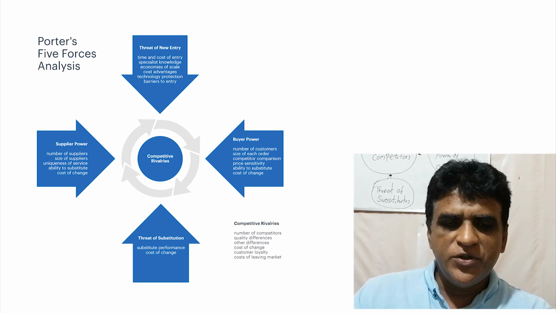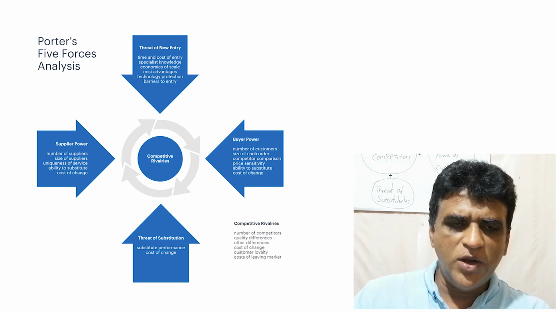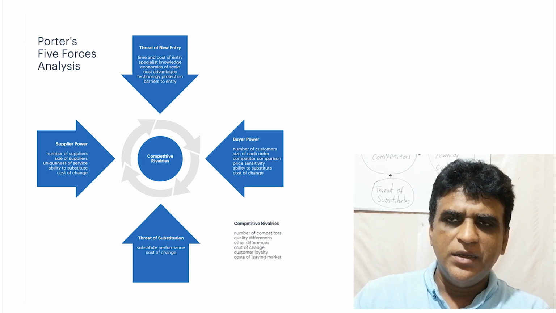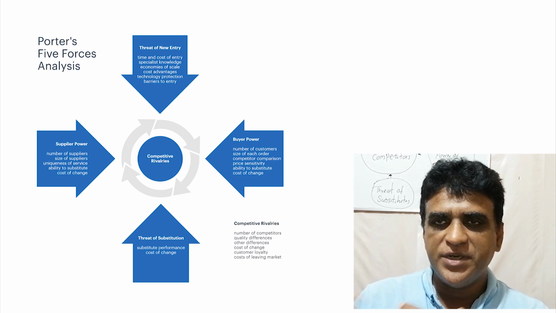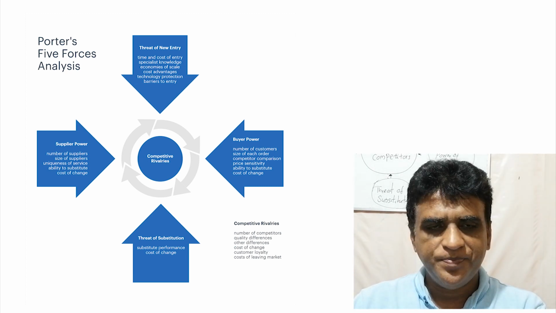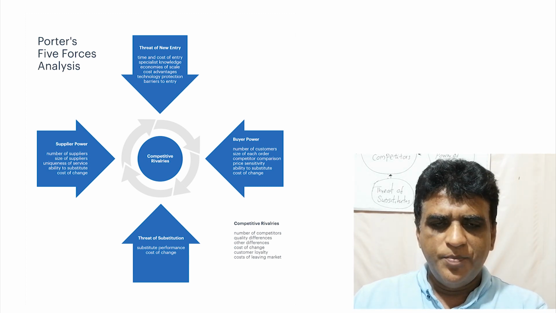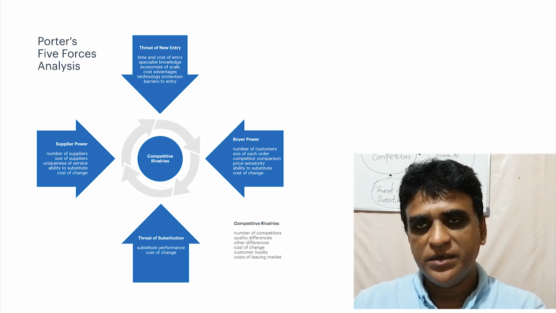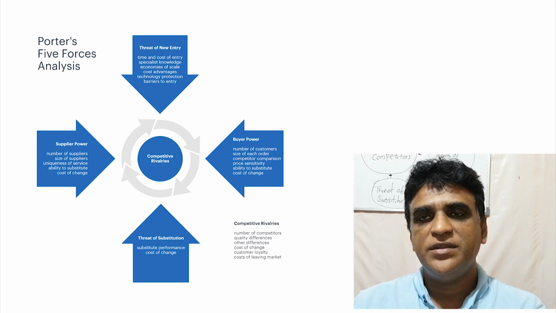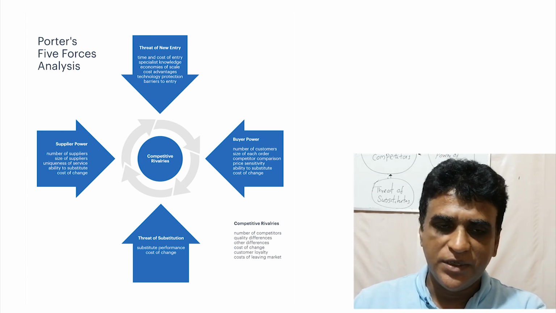The five forces introduced by Michael Porter: the first one is rivalry among competitors, that means competition among the same industry. The second is the potential of new entrants into the industry, that is the threat of new entries.